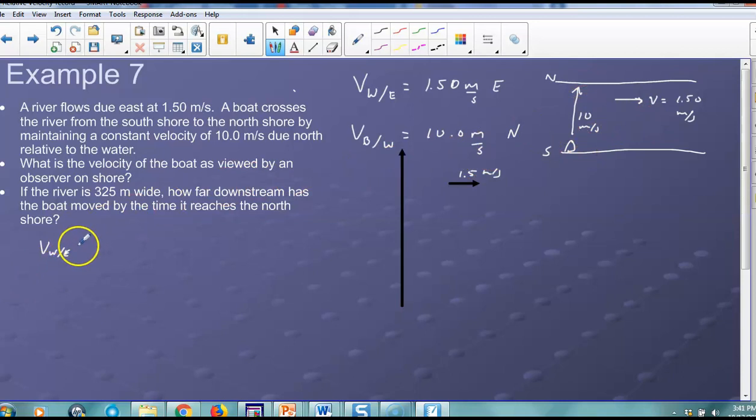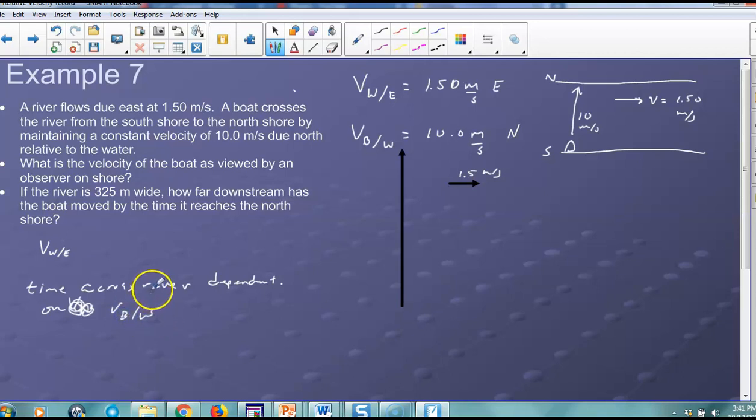So our time across the river is dependent on the velocity of boat to water.